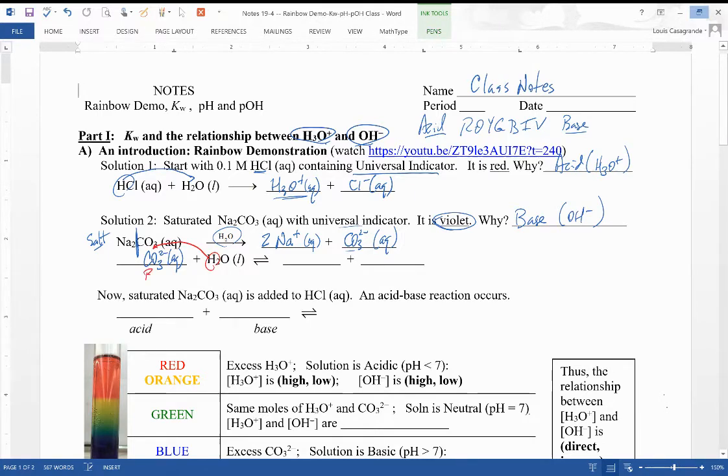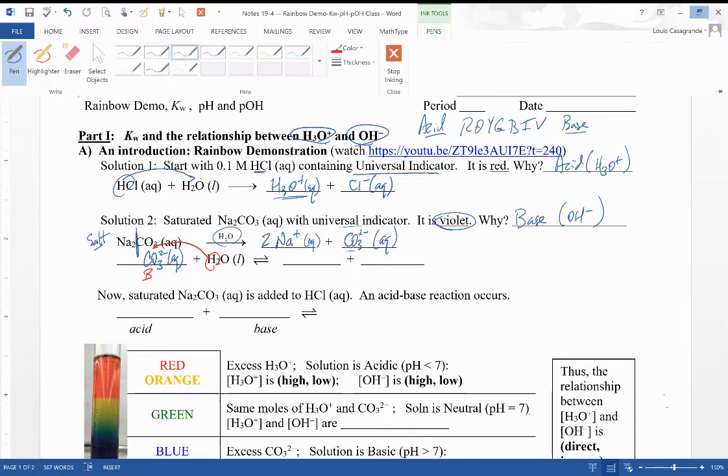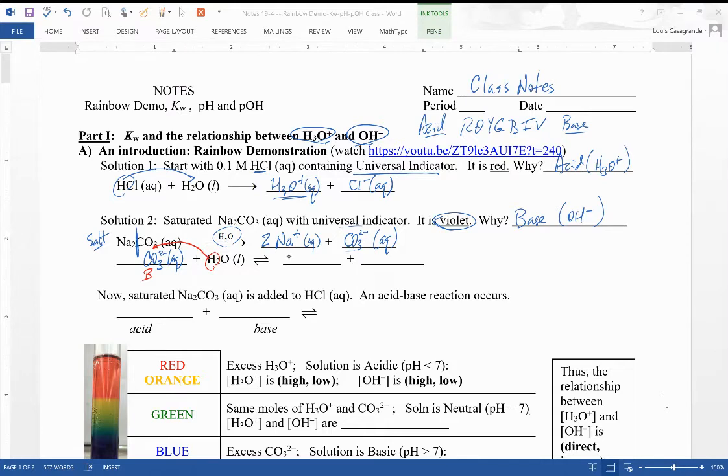So if this is our base, then what we're going to make, let me use purple now since that's a base, we're going to make HCO3-, which is, of course, its conjugate acid, and we're going to make hydroxide, which is the conjugate base of water. So water is acting as the acid in this reaction. All right, so we've got the presence of hydroxide there.